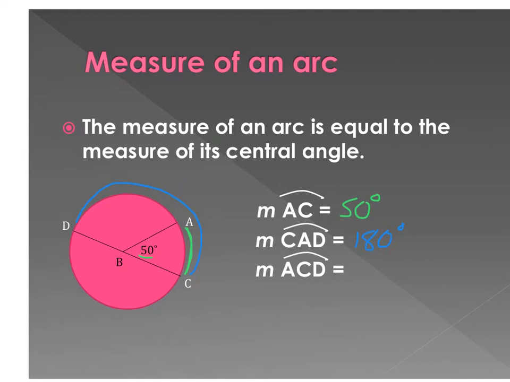And then we have the measure of arc ACD, so we go from A to C to D. So this part here would be 180, but we still have this 50 that's part of it too, so we're just going to add 180 plus 50. So this would give us an arc length of 230 degrees.